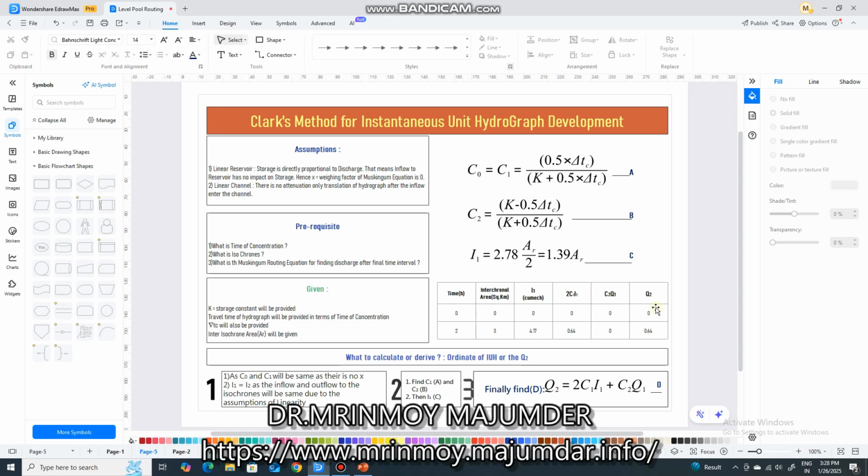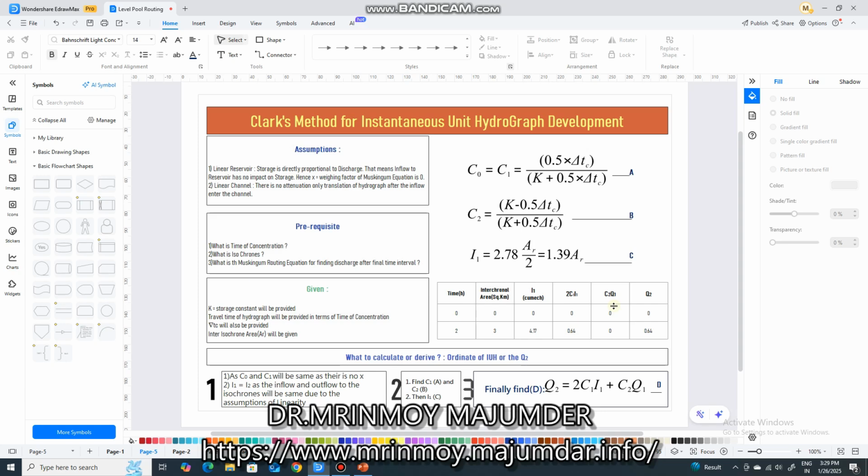That is one assumption. And at the first time scale, each of the values will be 0 because that is the initial condition. Outflow has not taken place yet. So that is why in this case Q1 is taken as 0, that is why C2 is 0.